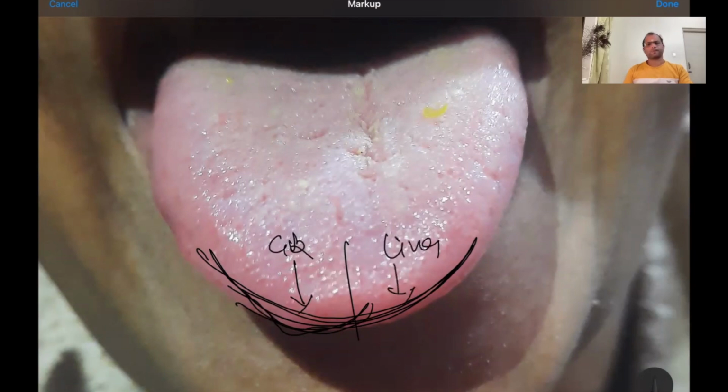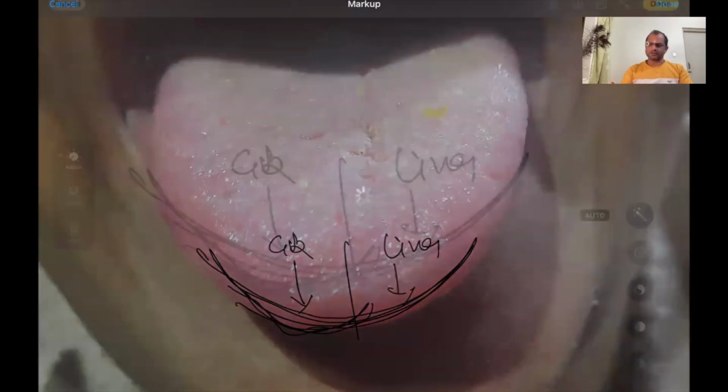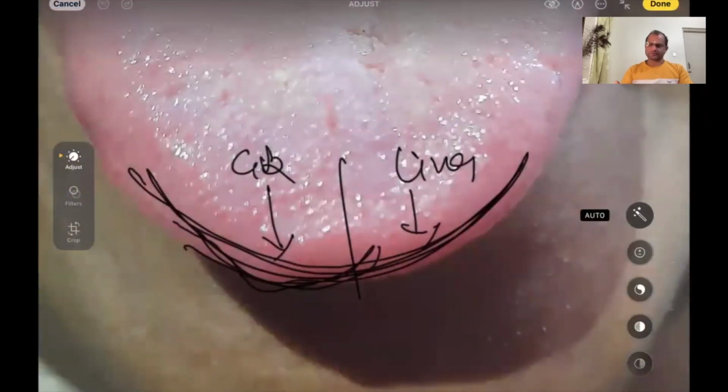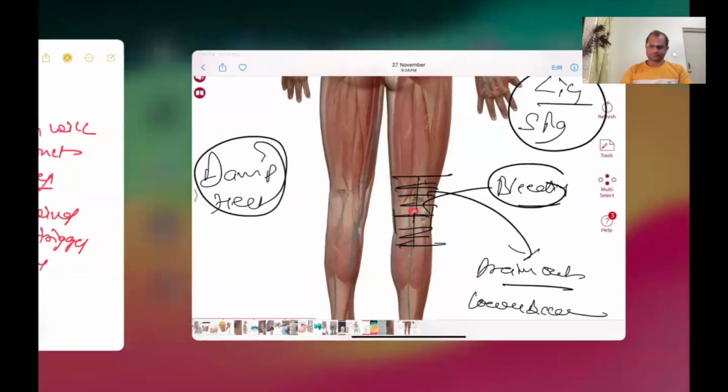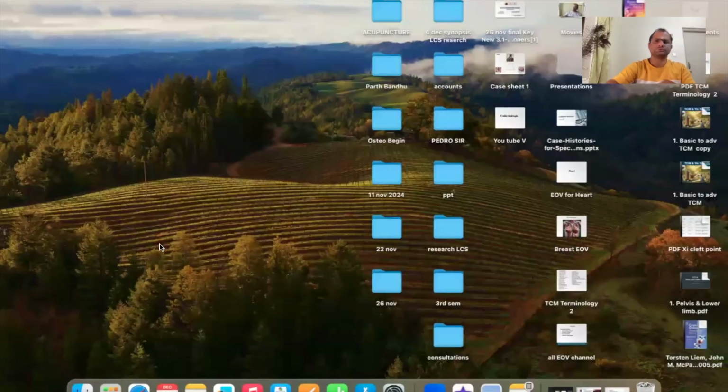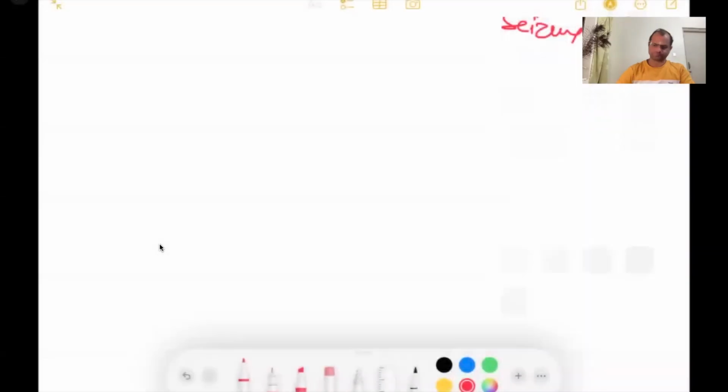So ultimately, there is a rising of problem in the liver and gallbladder. Got it? So there is a combination effect. थोड़ा सा कनेक्टिविटी की प्रॉब्लम हो रही है.